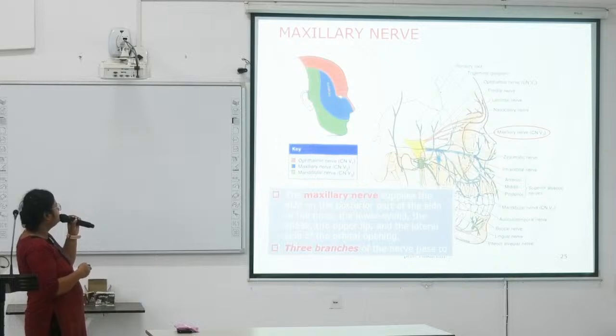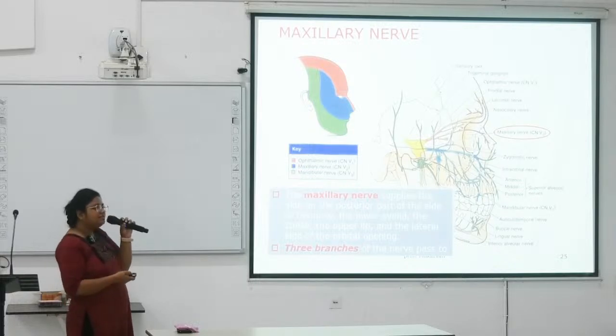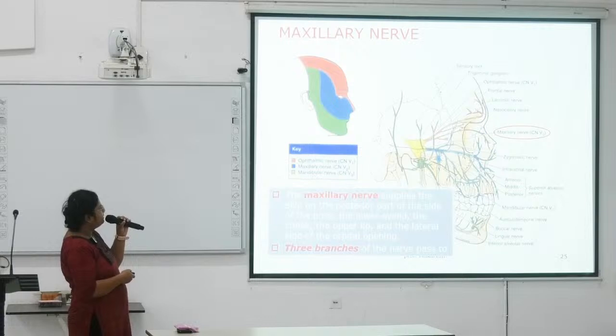Three branches of the nerve pass to the skin: zygomaticofacial, zygomaticotemporal and infraorbital. Over the zygomatic bone lie the zygomaticofacial and zygomaticotemporal.